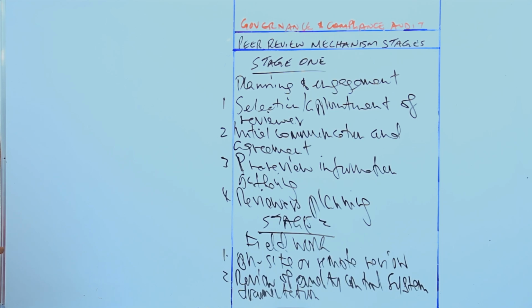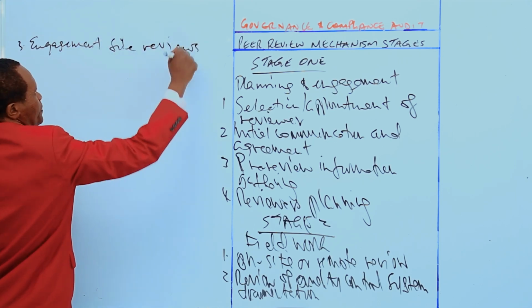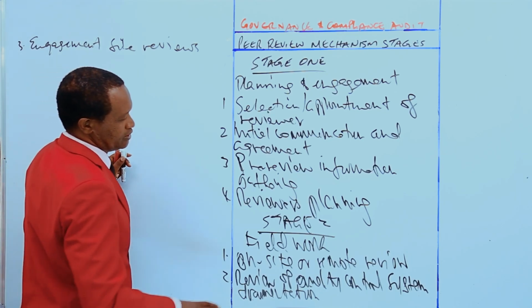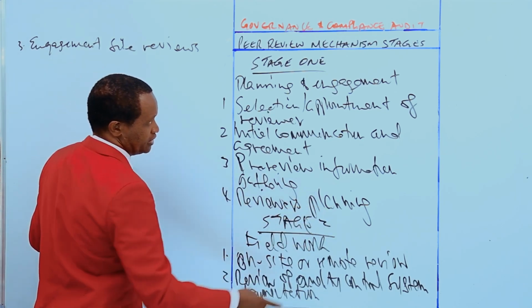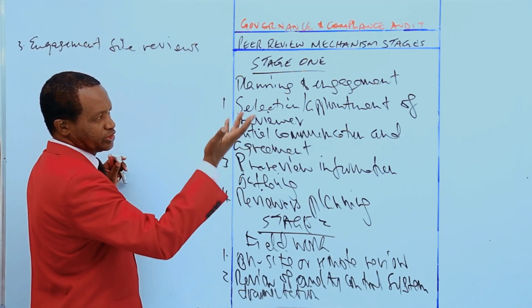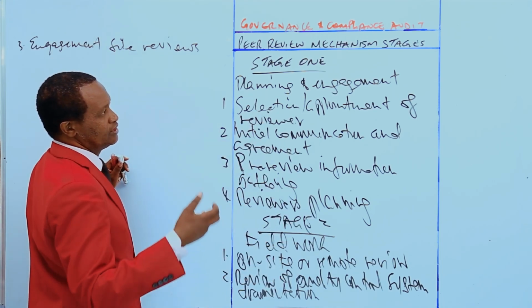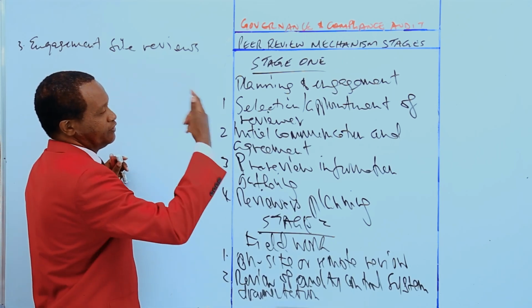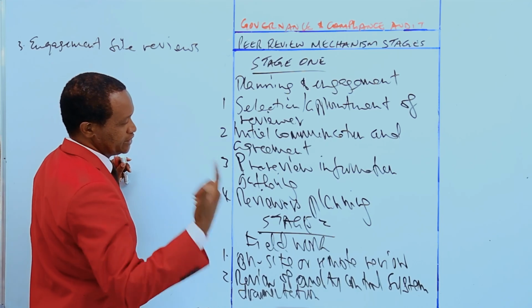Then engagement file reviews. There is number 3, engagement file reviews. What does that mean? Now, for the selected governance and compliance audit engagements, at the point of planning, the reviewer takes a sample of the audit engagements that he is going to review, the governance and compliance engagements that were carried out previously by the reviewed entity.